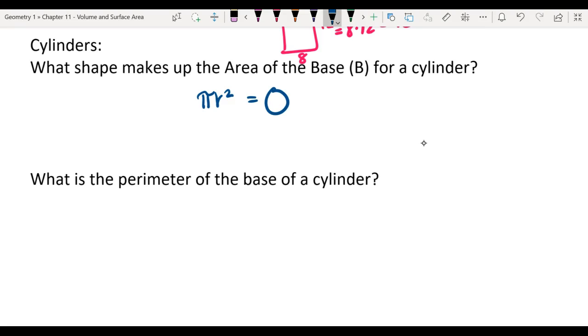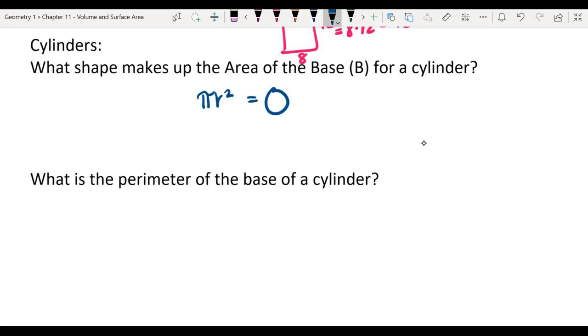So then the next thing that we need to talk about is the other part of our cylinder, which is this. You guys see how that middle part turns into a rectangle? Now we can see that the height of it would be the height here, right? But the base part of my rectangle would actually be, do you guys see how that's the distance around the circle?